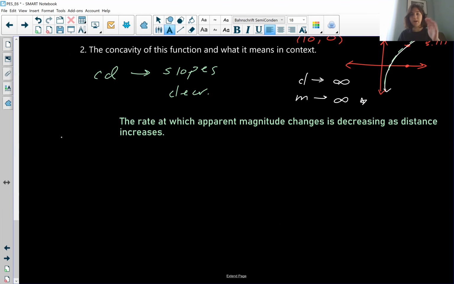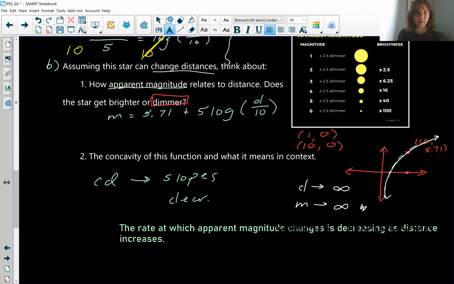So that rate is changing, which basically means the farther the star moves away from us, it's not getting dimmer very fast anymore. It's just getting dimmer more and more slowly as it moves away. And that's all you would really need to write for that question.